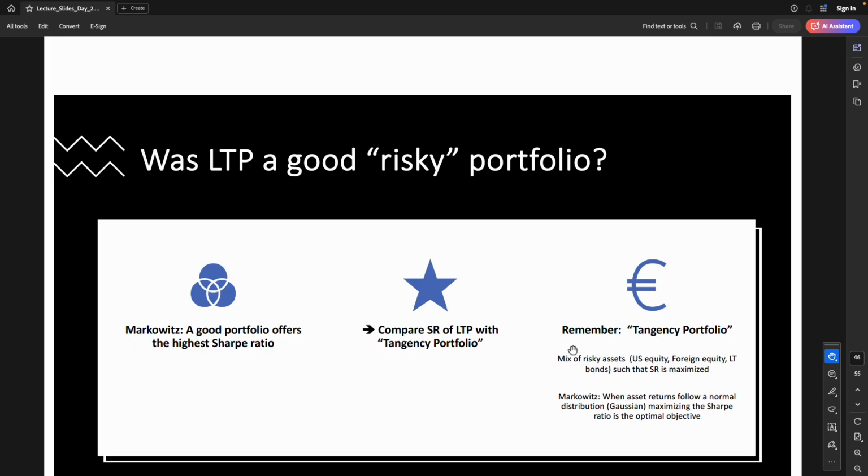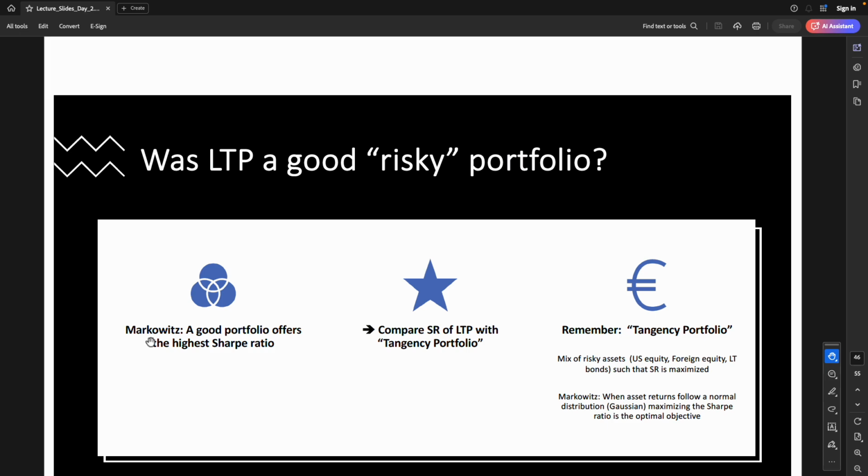Good. Now what do we need to do? In the case, we need to determine first, was the current LTP of Partners Healthcare a good, risky portfolio? And now we have some analytics on our side that we can use to solve this problem. The analytics we use is the Markowitz approach, because Markowitz tells us that a good portfolio for LTP has the highest Sharpe ratio.